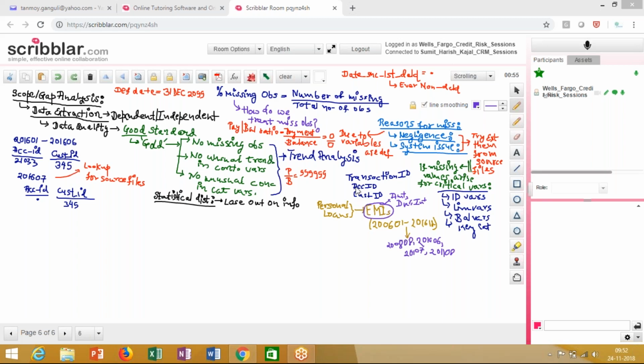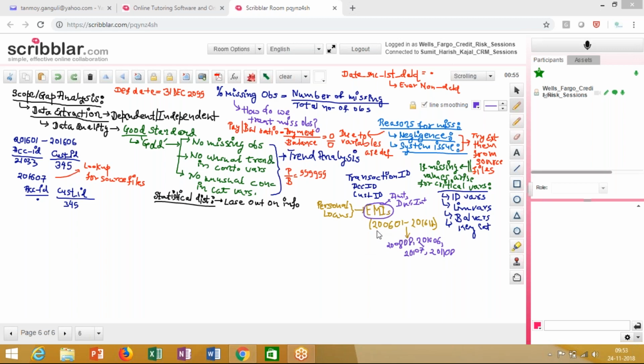We reconcile the EMI values to the given EMI variable values, and compare the difference that exists between them. If we see that the two variable values are very similar to each other, then we go ahead and use this newly created EMI variable to impute the missing values for this period, right?